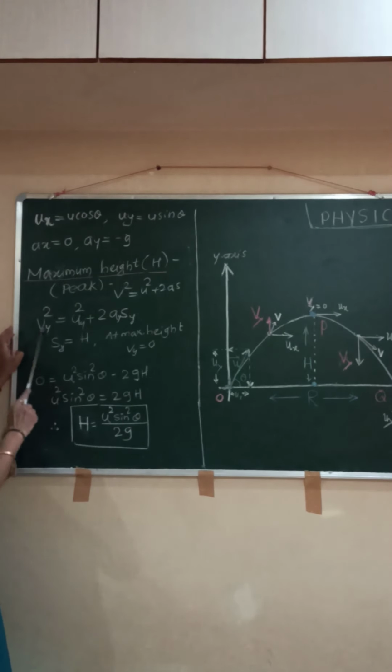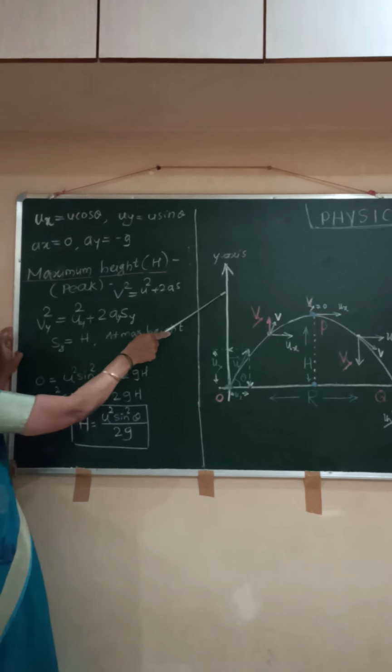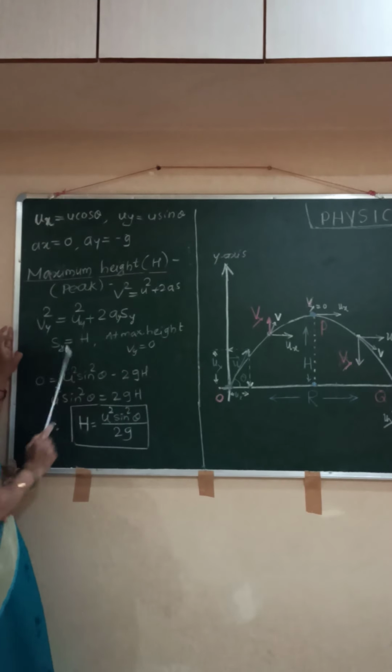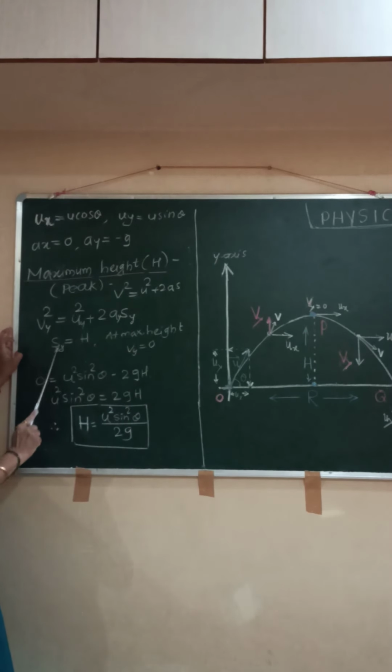So this equation again we have to replace by other terms. We have to find the vertical displacement, that means the maximum height. So this sy is replaced by H.